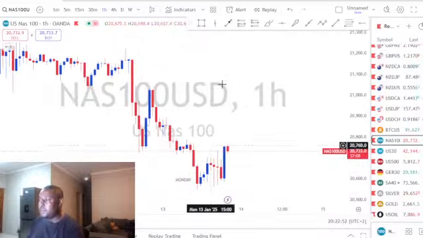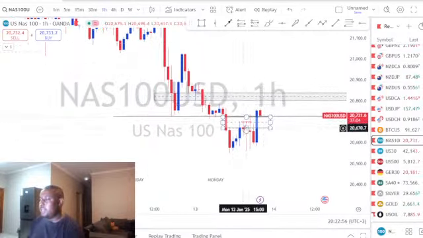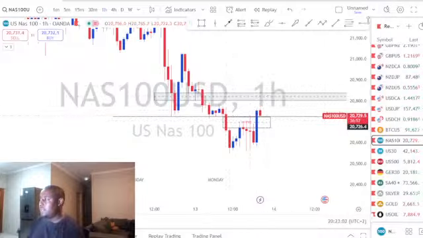Because we already see an invasion fair value gap here. We already see an invasion fair value gap to the upside.